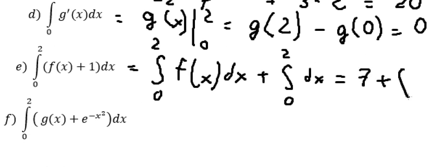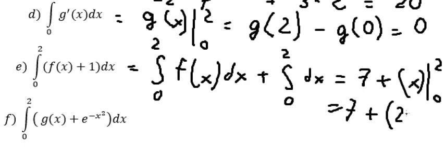Next we have the integral of dx, you got x, from 0 to 2, so we have 7 plus 2 minus 0, so we got 7 plus 2, and you got 9.